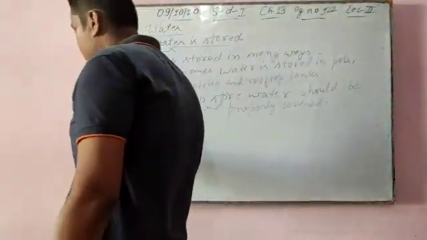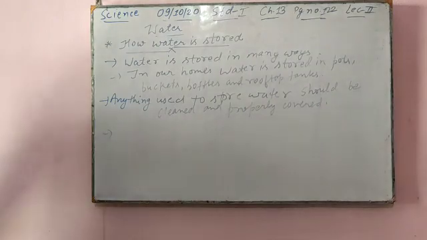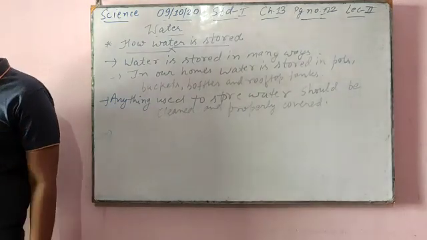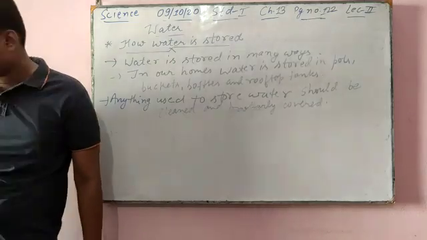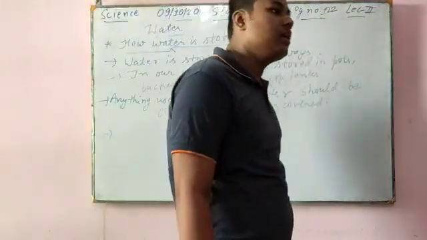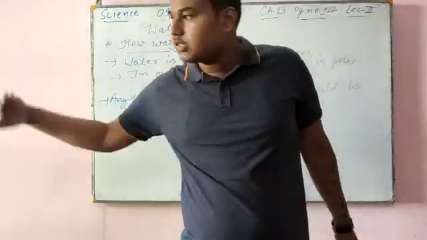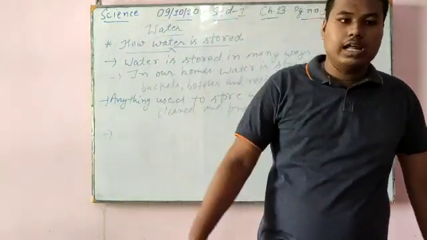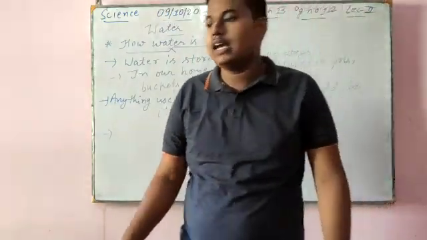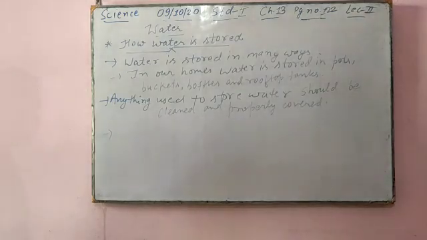The last point is, water from lakes and rivers is collected by building dams. Dams are high, big walls built across rivers and lakes to hold back water.